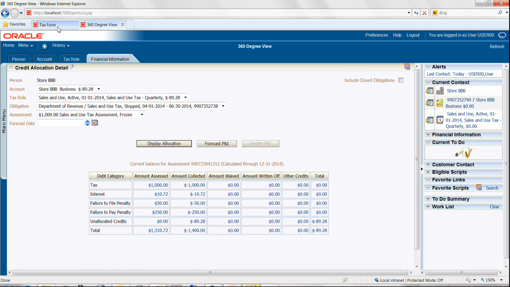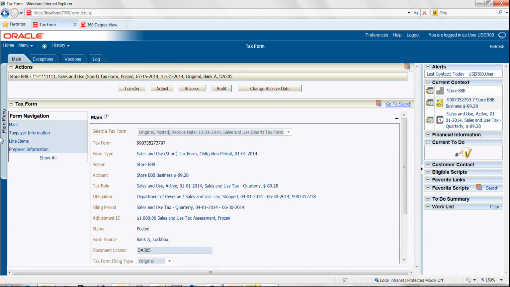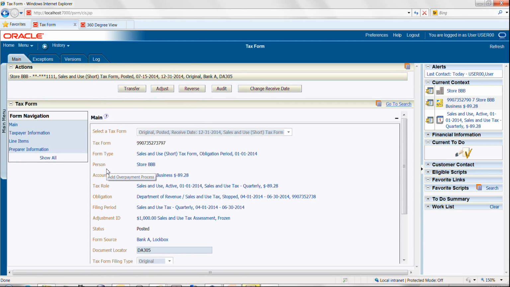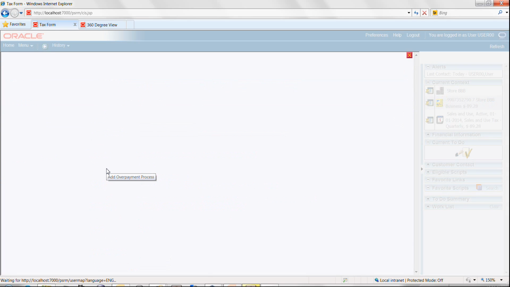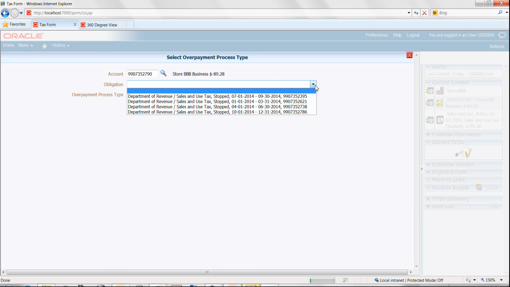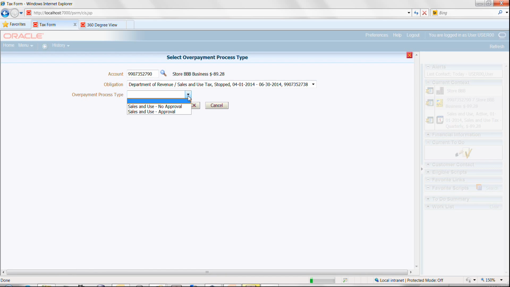So the first thing I'm going to do is go to my main menu, and I'm going to create an overpayment process. There are different types of overpayment processes, as you'll see. First of all, we need to pick the particular obligation that we are going to create the overpayment process for, and we're going to be doing it for the second quarter. And we're going to select sales and use approval.